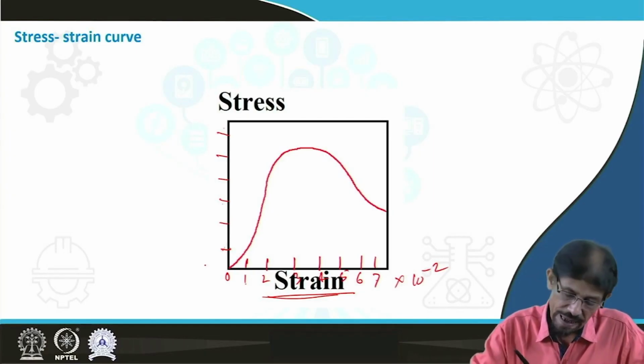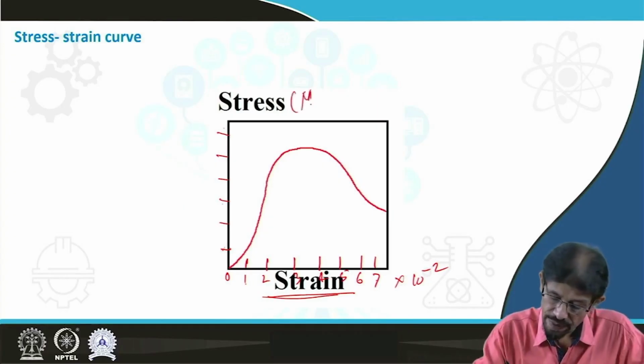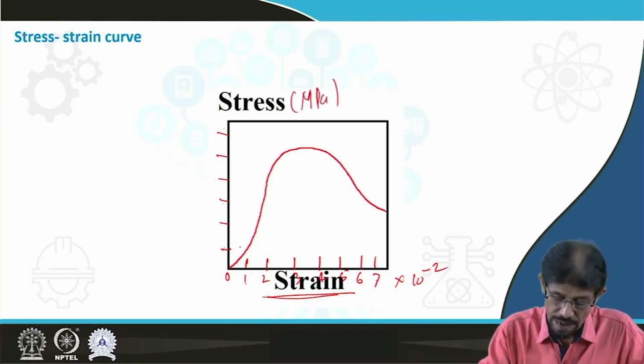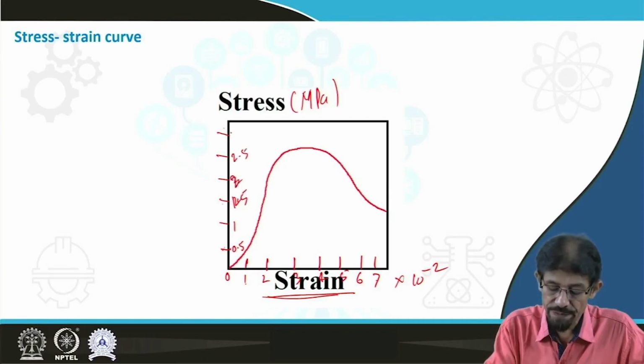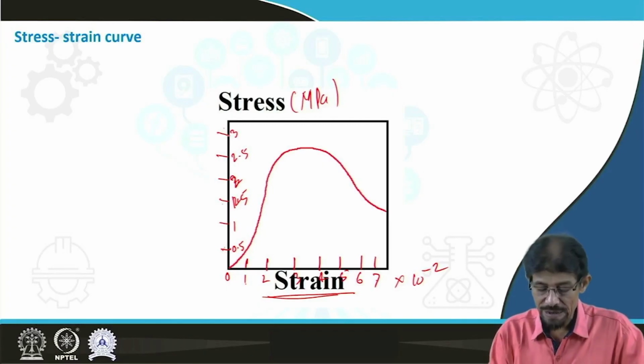Then here in MPa, 0, 0.5, 1, 2, 3 or 1.5, 2, 2.5, 3 like this.